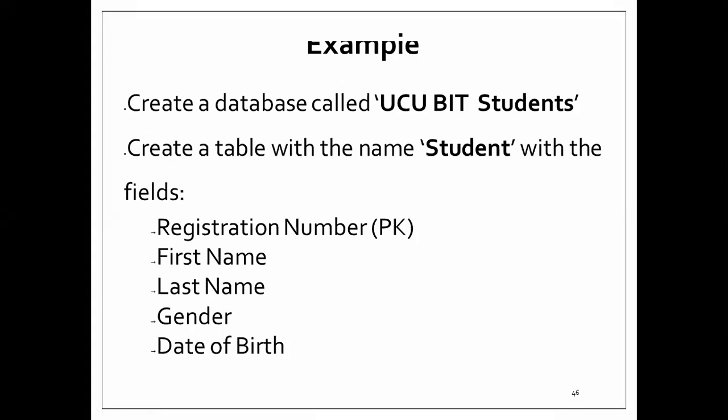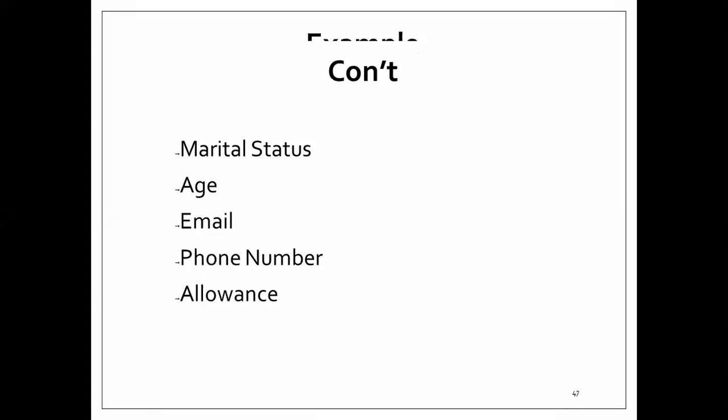So for instance, we are saying, create a database called BIT students, okay? This could be the name of our database. Now, if this is the name of our database, then the question is, which table should we design in this database?